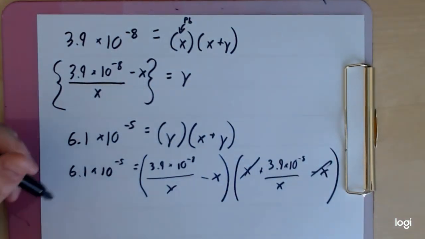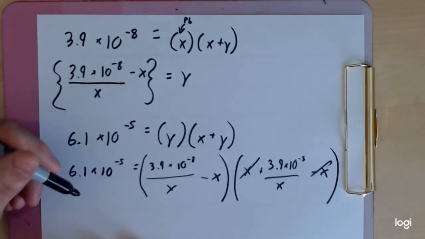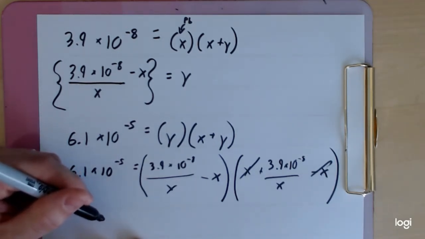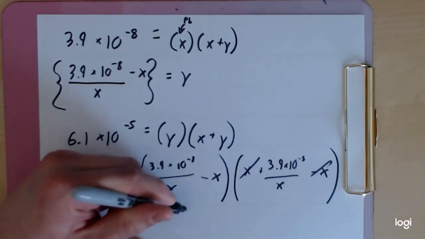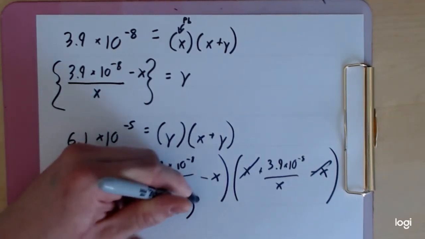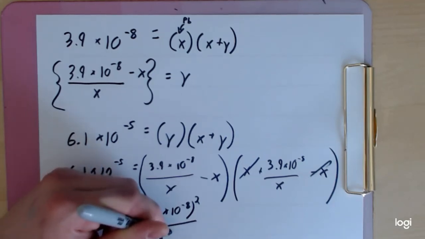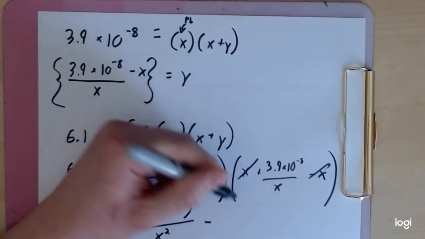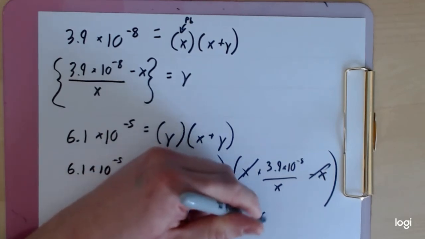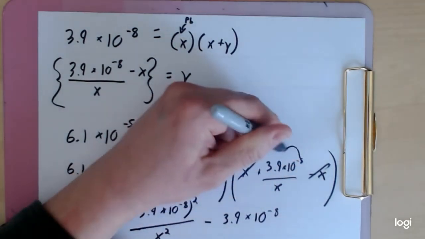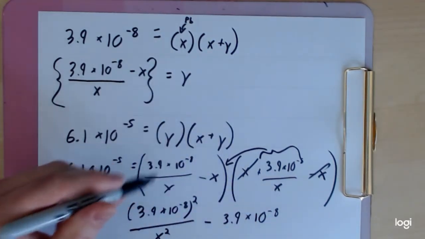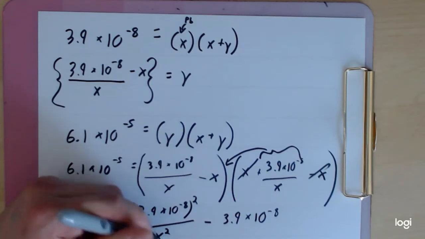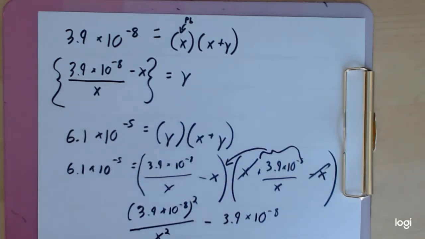And so you now have, if I just multiply this term through onto this term, the x's cancel here, and this becomes an x squared on the bottom, and you square the top too.